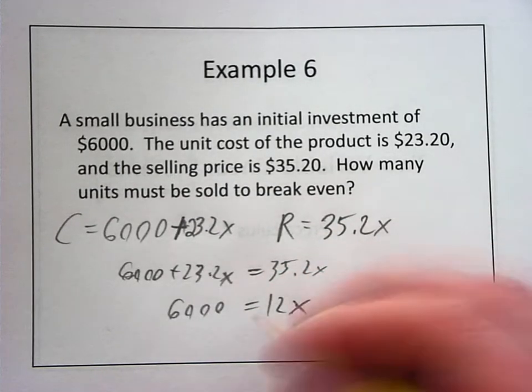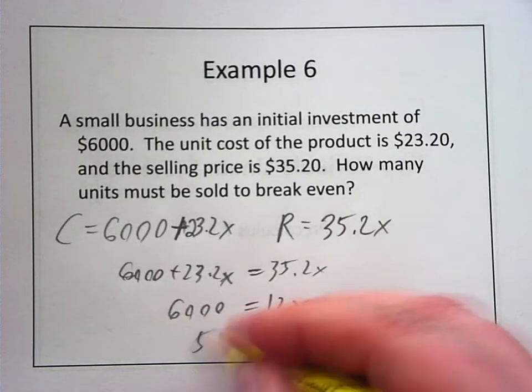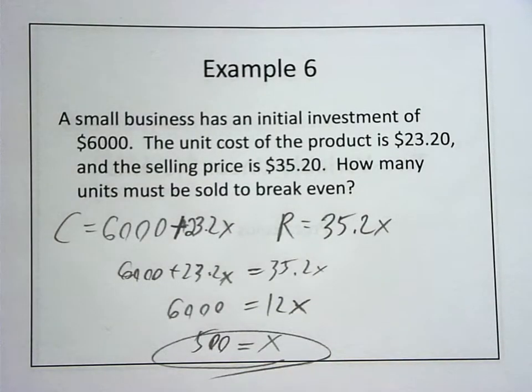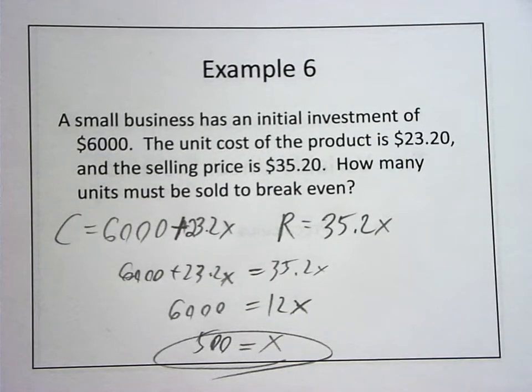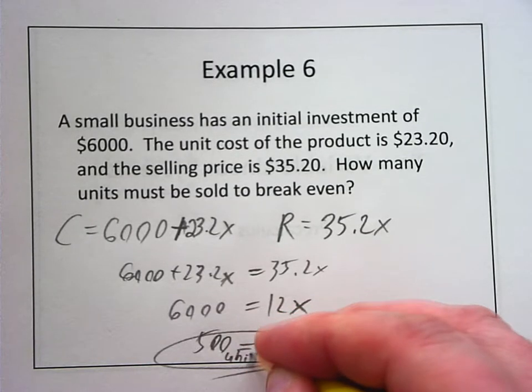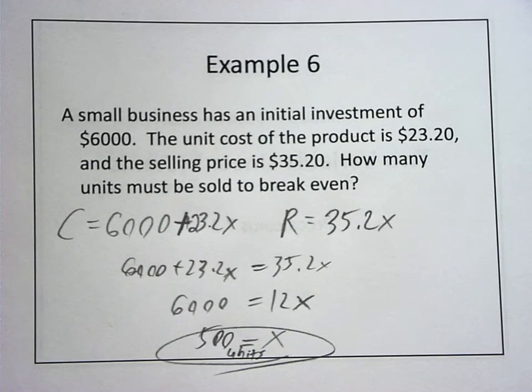So then what's 6,000 divided by 12? 500. So the idea is that 500 is your answer. That's what you need to actually be able to break even. So 500, what would your label be? Units. Okay. Questions on that one?